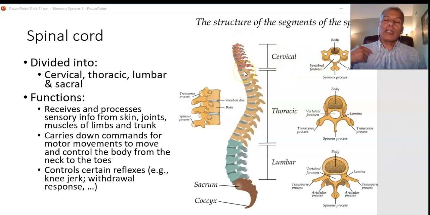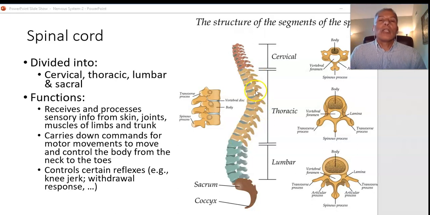Now right beneath your clavicle or collarbone, and beneath that bone, you go down to below the last rib, then you have these 12 vertebrae that are called the thoracic vertebrae.